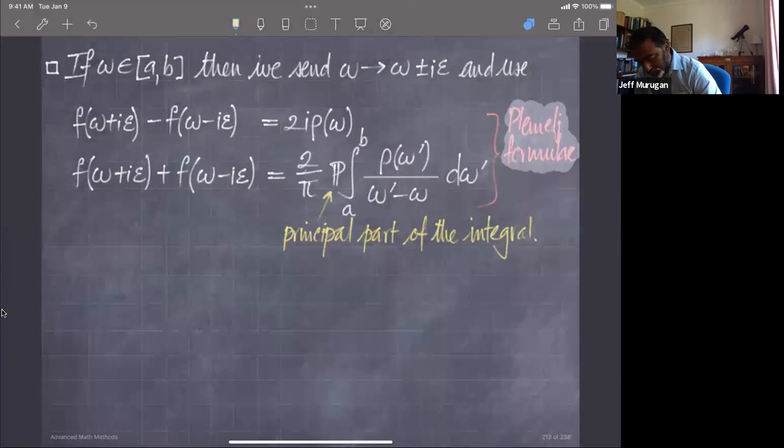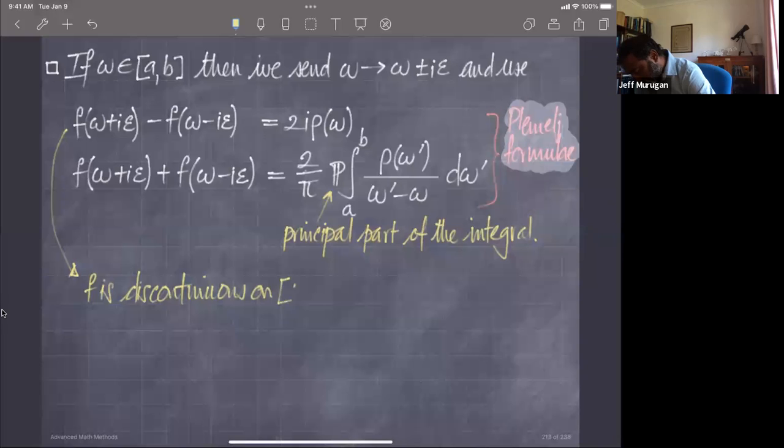Let's try that again. This statement here tells us that f is discontinuous on the interval from a to b.